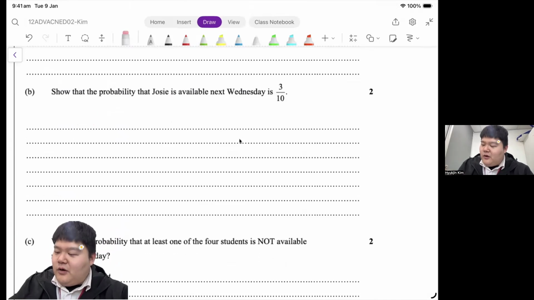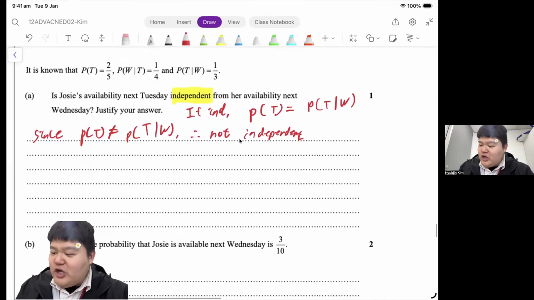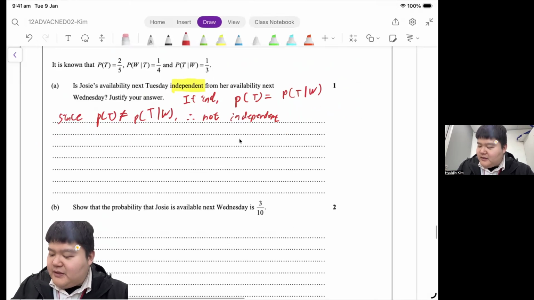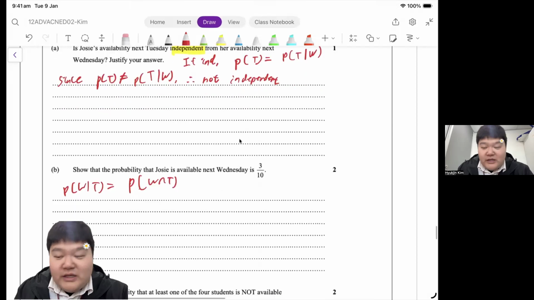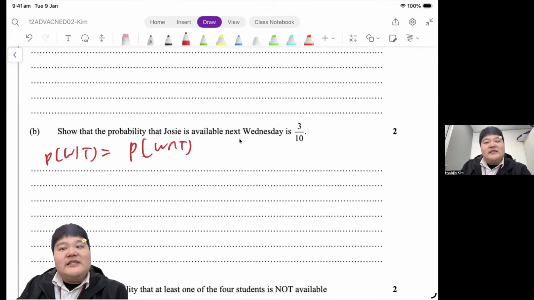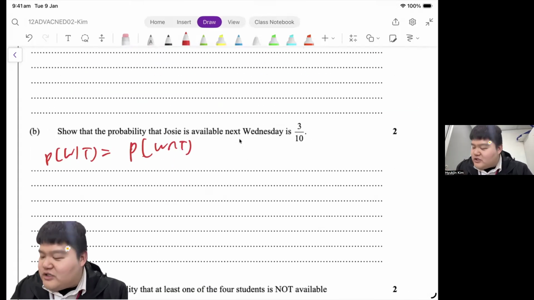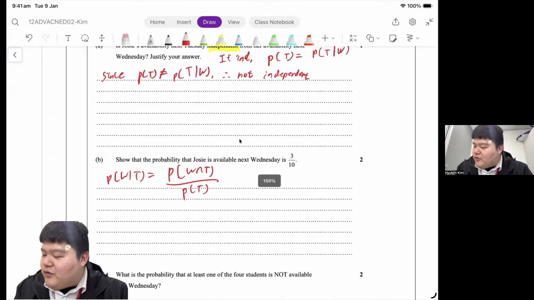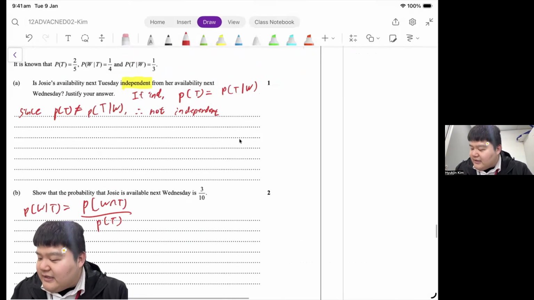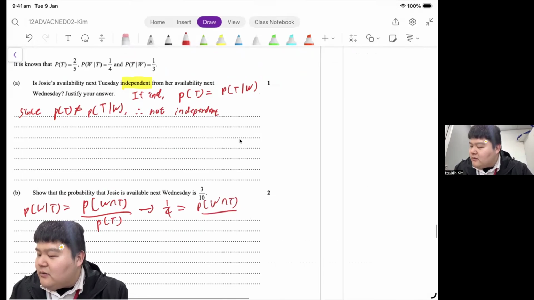But we know probability of W given T is probability of W and T over probability of T, which if it was independent, we would have just easily used the multiplication, which is not the case. And we know this is exactly the same as 1/4 equals probability of W and T, all divided by 2/5.